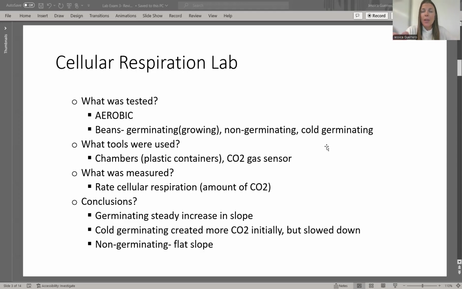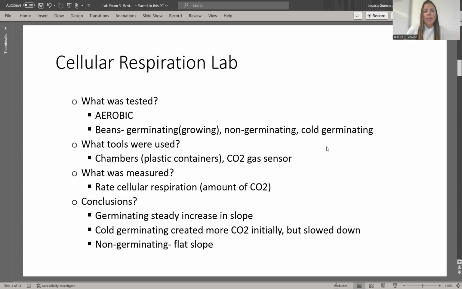So the probes that we used in the lab, which were considered CO2 gas sensors, were measuring the amount of carbon dioxide that was released by the beans. These beans were put into a plastic chamber, which was that plastic little container that we had there. You put the beans in there, and then you put the CO2 gas sensor on top of it, and you hook that up to your Vernier LabPro, the computer that would calculate the amount of CO2 that was released.